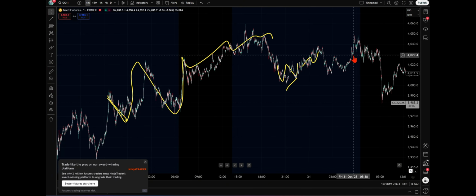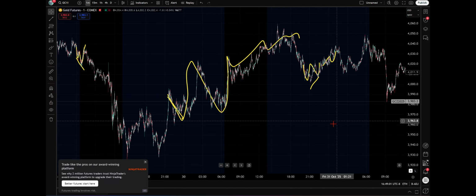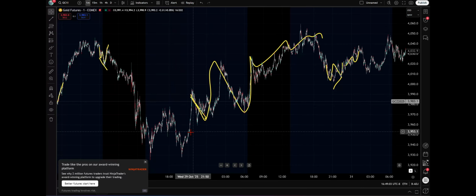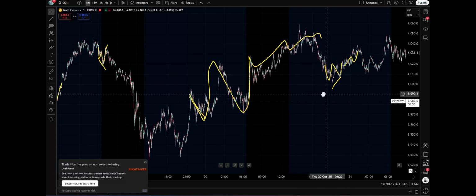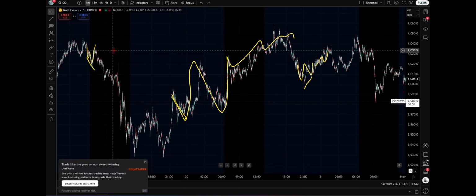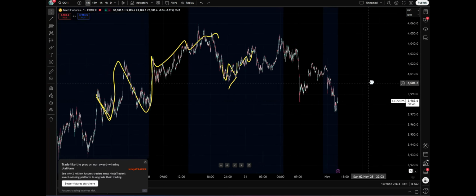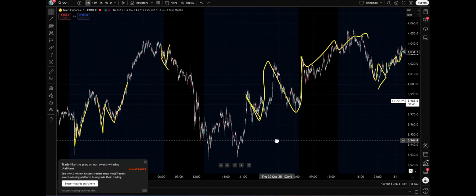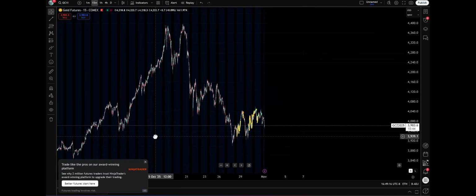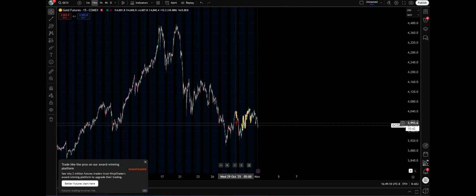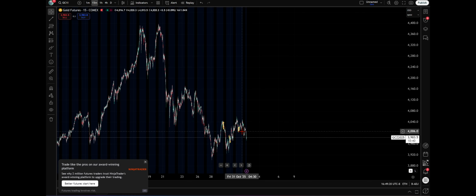Now we have this first. This is why you always have to pay attention, that this has been unchecked. Unchecked support. So we know that it's come up here. I know that at some point it has to come back down here. And if I'm looking at the 15, we generally get this 1, 2, 3 bounce. Watch this.